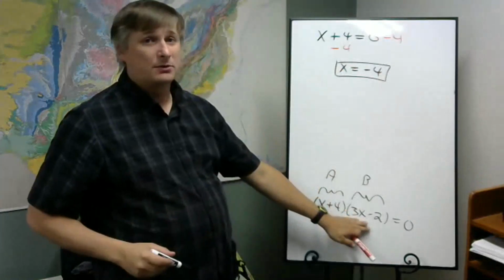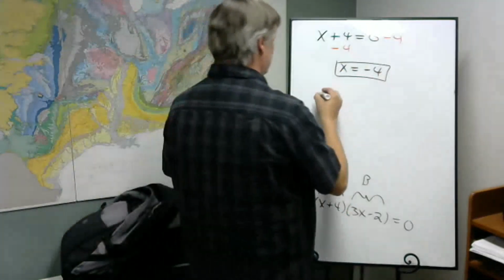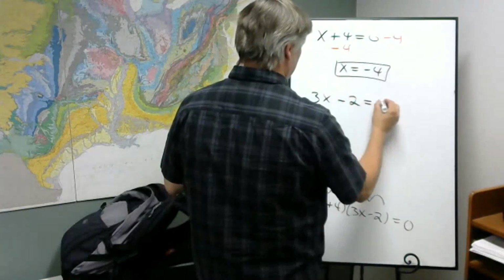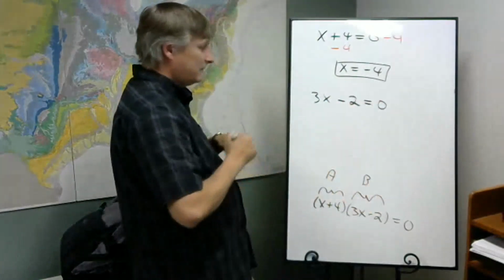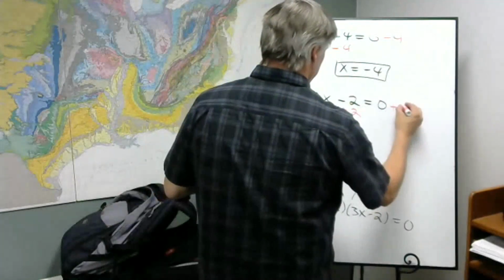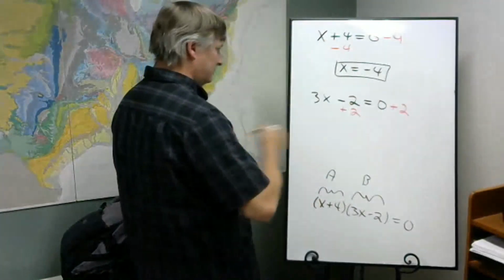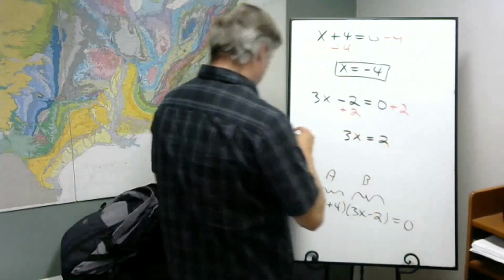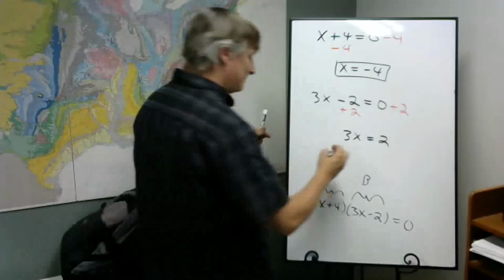And then we set this equal to 0. Add 2 to both sides. Divide by 3.